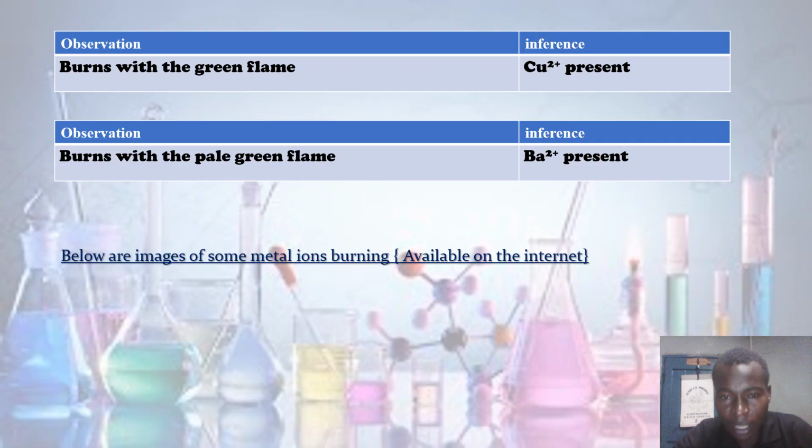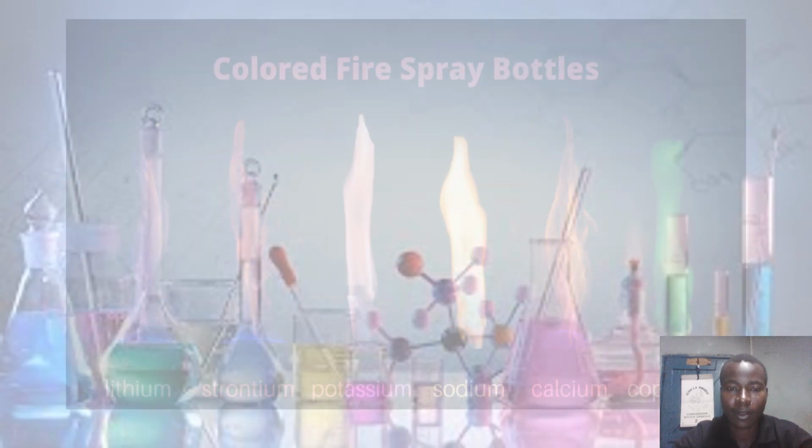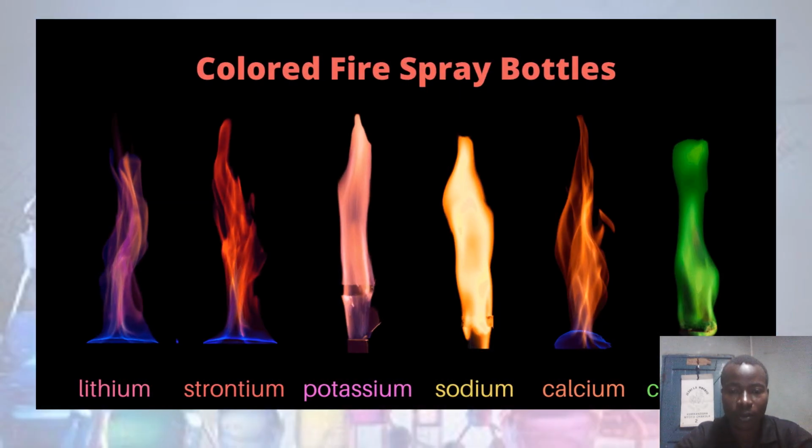Now I also downloaded some images from the internet showing some of the colors of the flames. It's coming up next. You can have a look at it, and next time when you are in the laboratory carrying out the practical, you'll be able to identify the colors correctly. So we have these ones here.